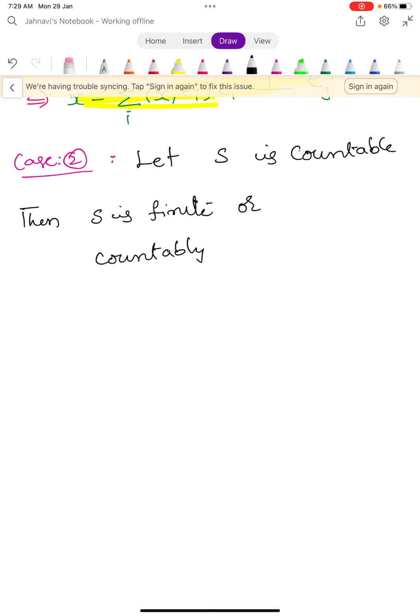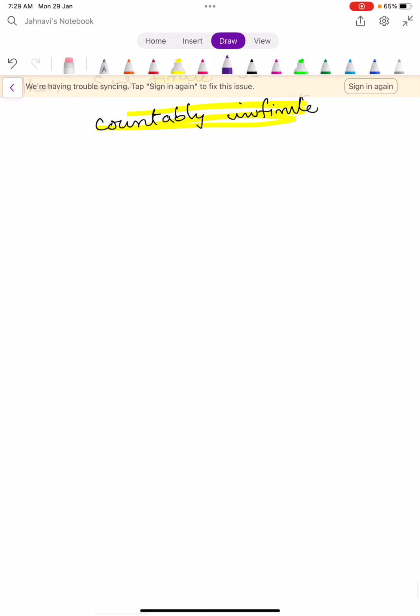So here the set S is countable means we have two possibilities, either it is finite or countably infinite. So again we prove both the cases.